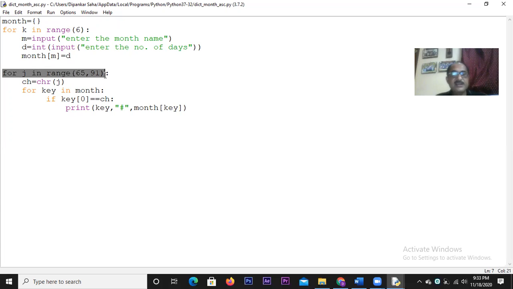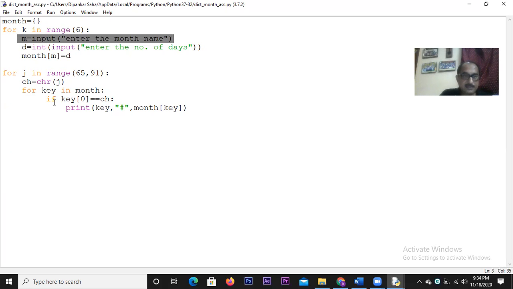I've done it in a simple way like this, with a simple for loop: 65 to 91, because 65 to 90 is the range of the ASCII codes of the capital letters. Now here, I did not do it, but if you want to be more sure that the month names are entered in capital, you can write either M dot capitalize or M dot upper. Both would be fine to make sure that all the month names are entered in capital letters.